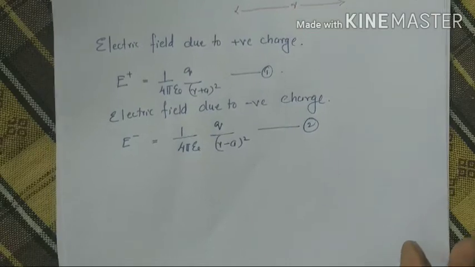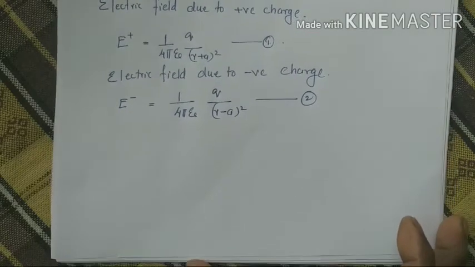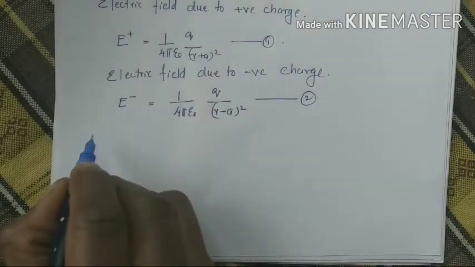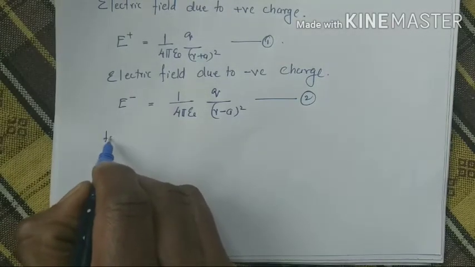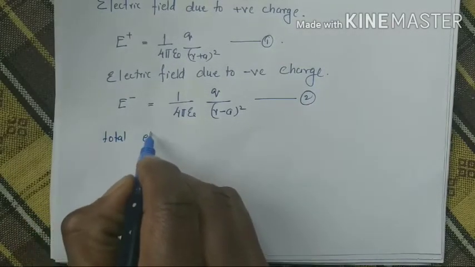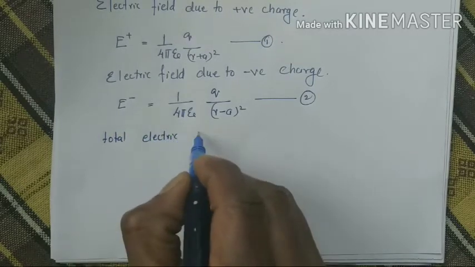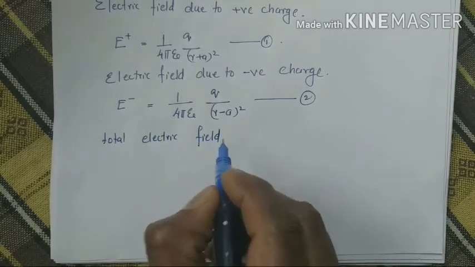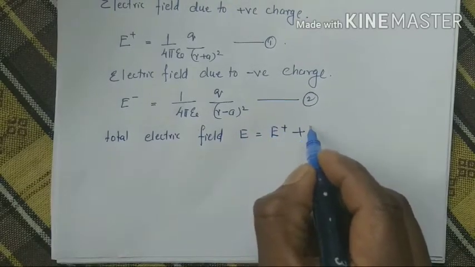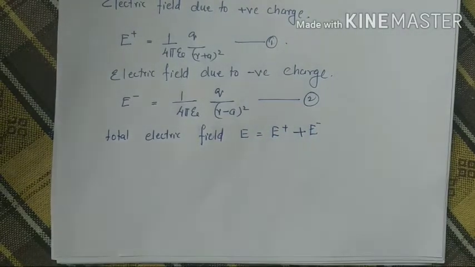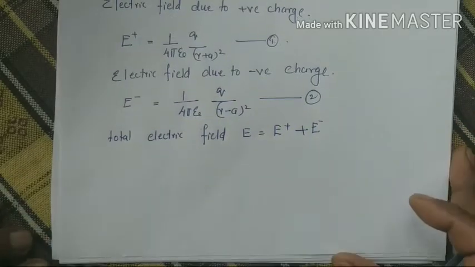Now to find the total electric field, what do we want to do? Just add these two equations, number 1 and 2. So the total electric field E is equal to E plus plus E minus.